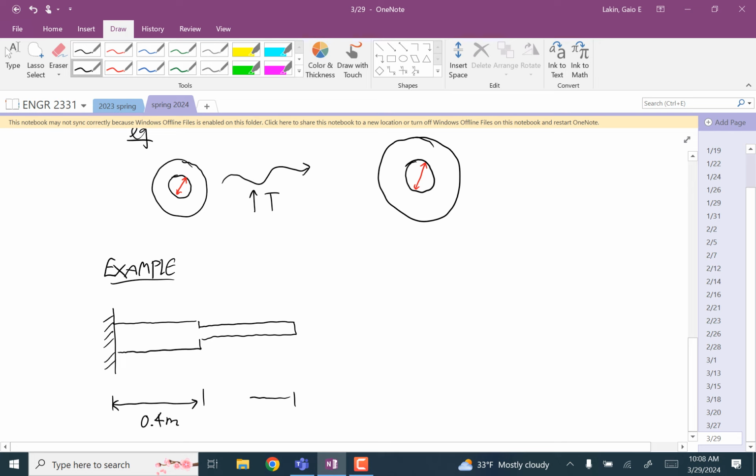This is 0.3 meters. And we're going to apply a force at this shoulder of 5,000 newtons and an 8,000 Newton force at the end.